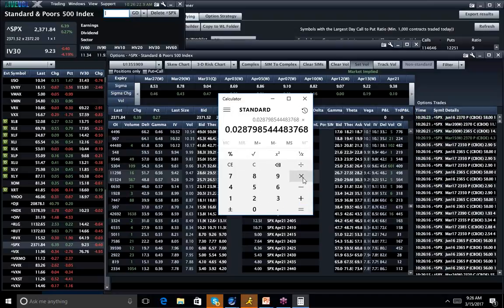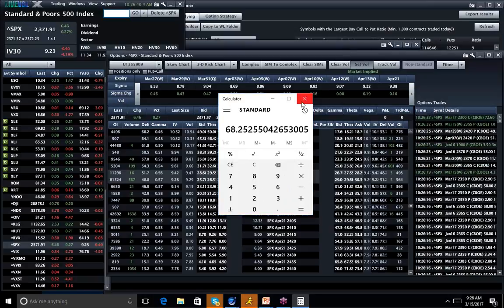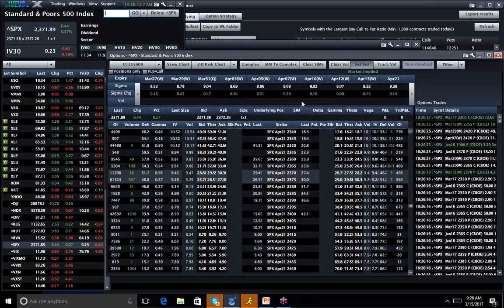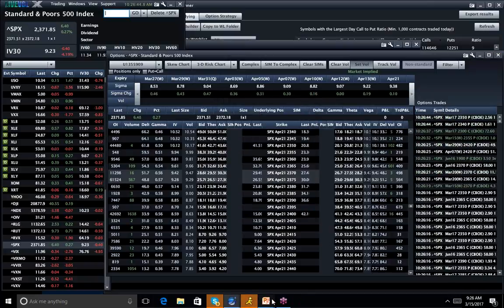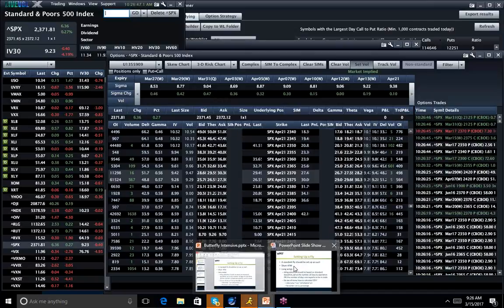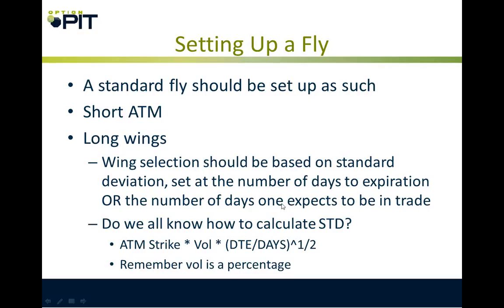And then I'd multiply that times my at the money strike, 2370. And I'm looking at a 70, really 65-point wide fly. That is where I set my wings for a standard at the money, trying to make income butterfly. Generally. Now, there are some things that you might adjust where you set things up, but that's where I'm going to do it. So that is how I put together my butterfly.